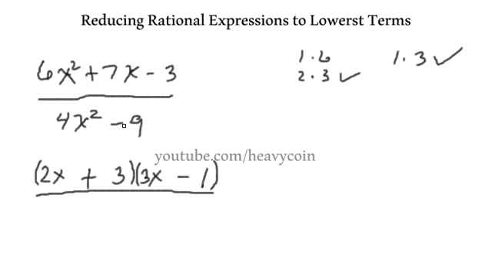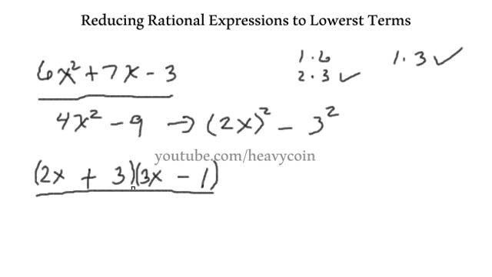And then in the denominator here, this can actually be rewritten as 2x squared minus 3 squared, because 2x squared is 4x squared, and then minus 3 squared. Well, this is a binomial, and it's the difference of two squares.